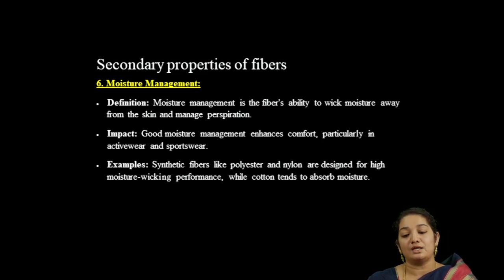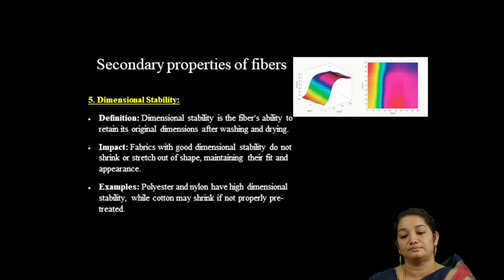Active wear and sportswear are mostly constructed to be moisture proof. Synthetic fibers like polyester and nylon are designed for moisture wicking performance, while cotton tends to absorb moisture. Polyester and other synthetic fibers dry easily, but cotton does not dry easily; it absorbs the moisture content.